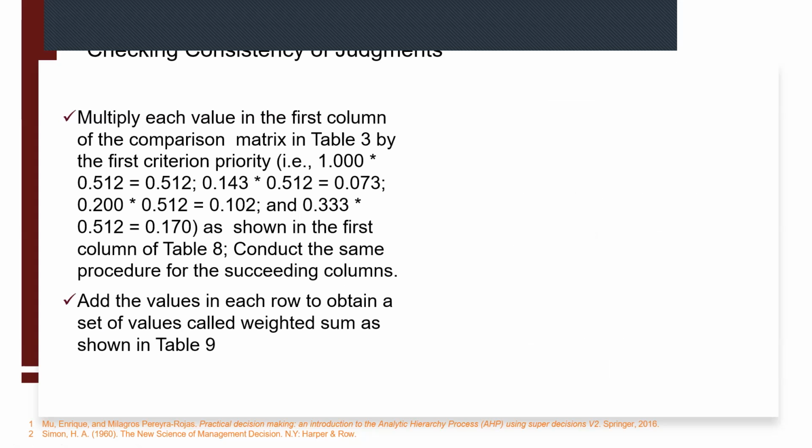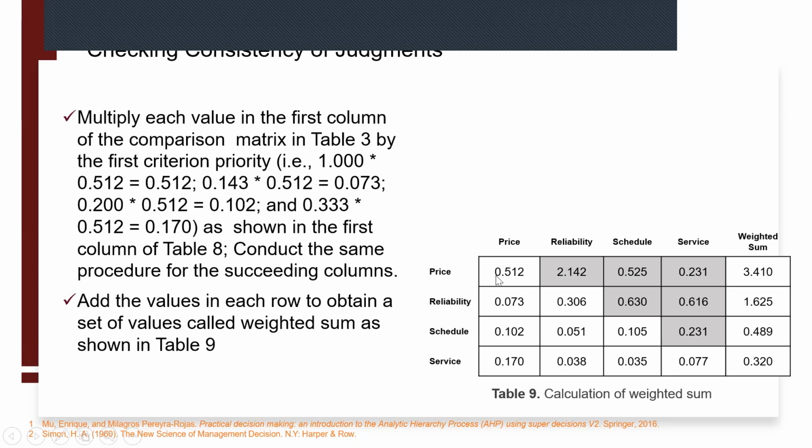Let's see that. 1 times 0.512 will give us 0.512, and then the next is 1/7 times 0.512, which will give us 0.073. Then 0.2 times 0.512 for the entire column of price gives 0.102, then 0.333 times 0.512 will give us 0.170.